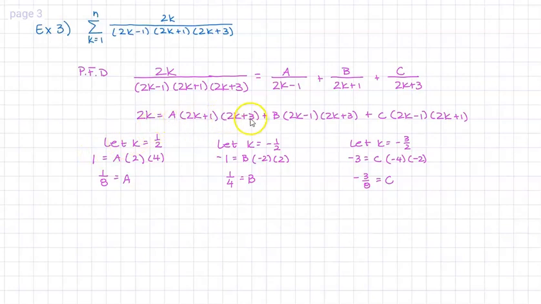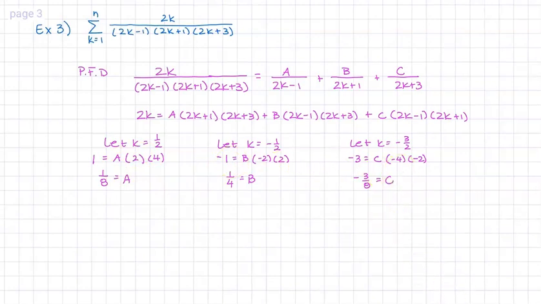When you let k equal 1/2 here, let's see, we have the a. 2 times 1/2 is 1, 1 plus 1 is 2. And 2 times 1/2 is 1, plus 3 is 4. But when you plug it into here, each one of these factors becomes 0, so there's nothing left. So you just have this, a is 1/8. And similarly for b and c.